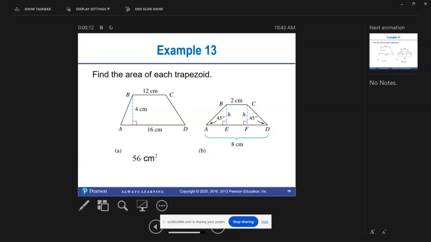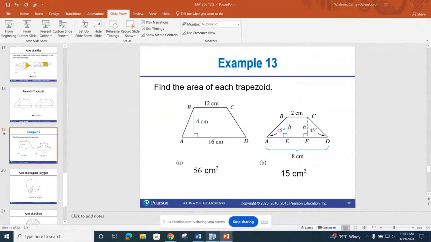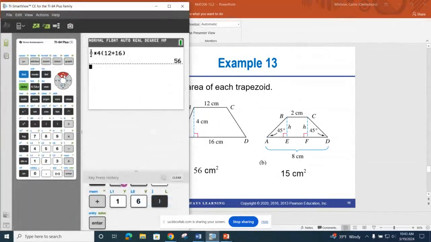Okay, the second one is a little trickier. Let me show you that on the calculator as well. So I'm going to have 1/2 again. And then this time, I don't know my height, but I know my bases are 2 and 8.